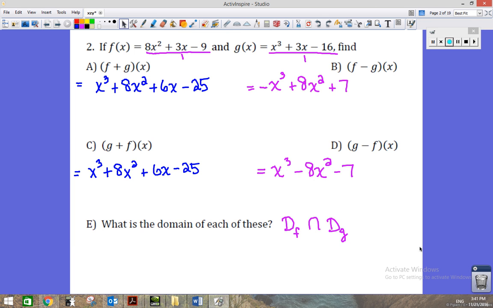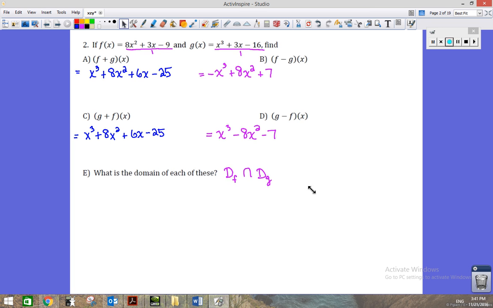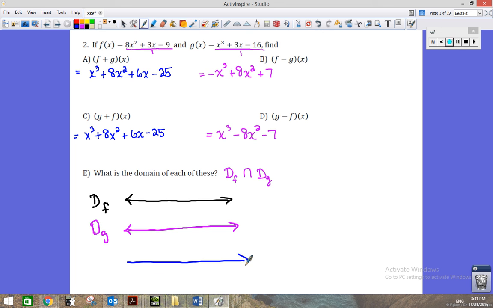And when we're finding the domain of this f plus g or f minus g or any of these, we intersect these two ideas. So if we have the domain of f, which is all real numbers, and we have the domain of g, which is all real numbers, then we can find the domain of f plus g or f minus g or g minus f by intersecting these two sets.